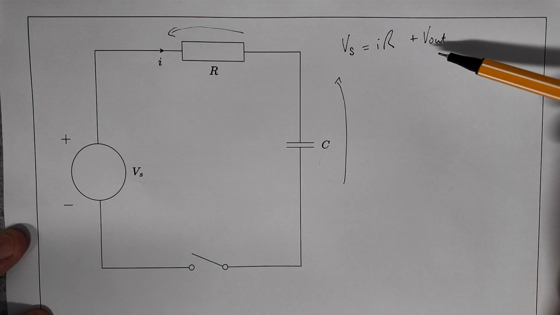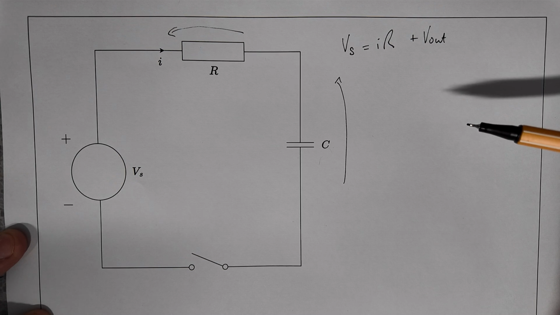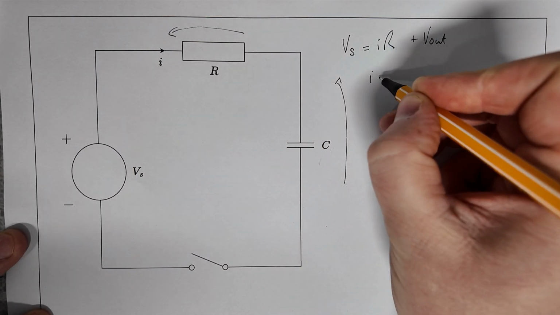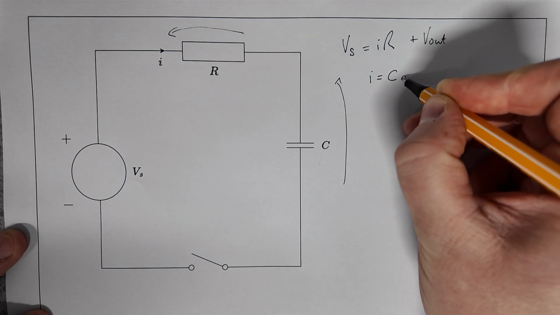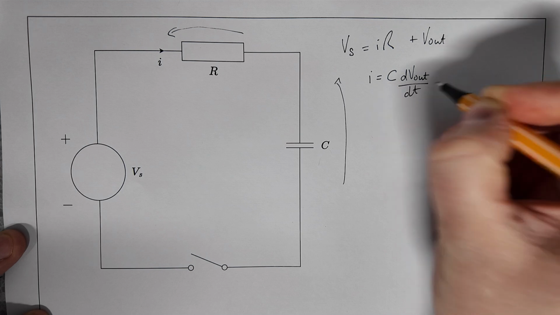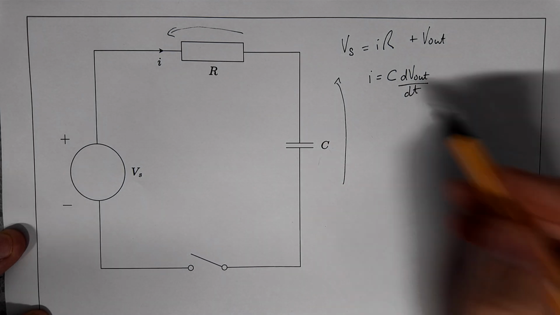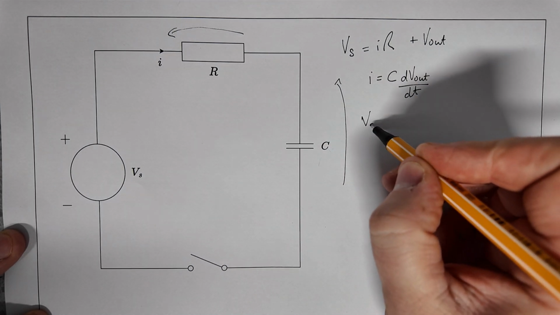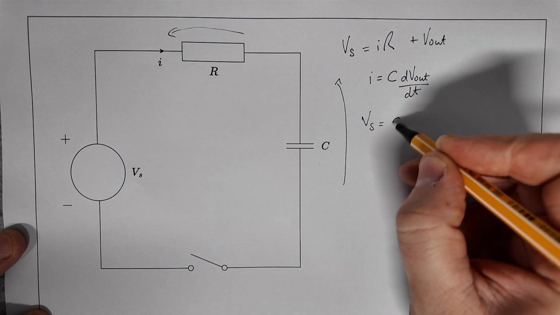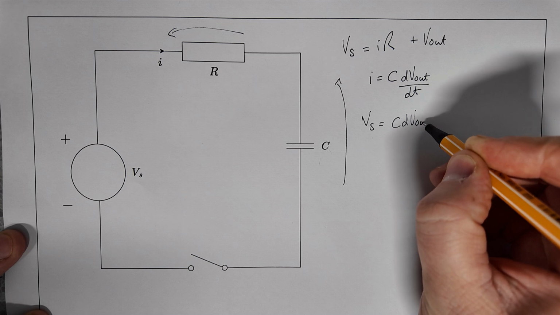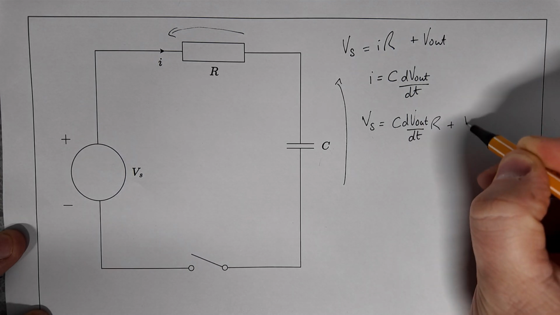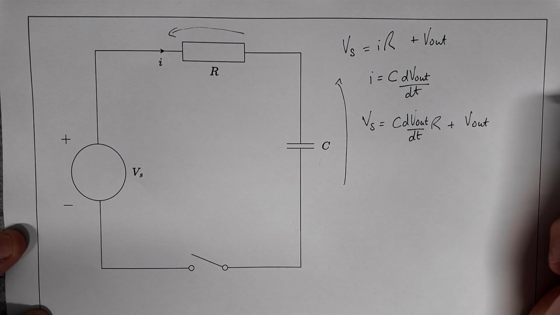But the way we have to get there is we have to form a differential equation, because the only thing we do know about the capacitor is that the current that flows through the capacitor is C dV out by dt, where V out is the voltage across it. So we can substitute that into there, and we get Vs, using this one, is C dV out by dt R plus V out.